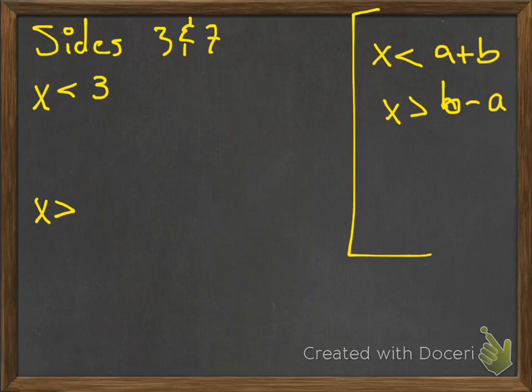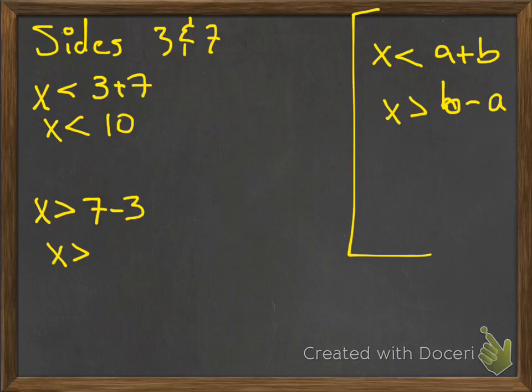All right? So here 3 plus 7 is 10. 7 minus 3 is 4. So x needs to be less than 10 but greater than 4.